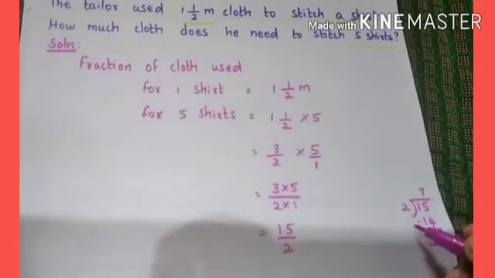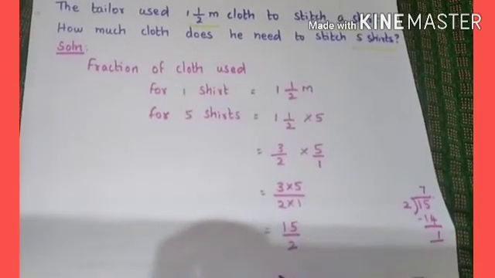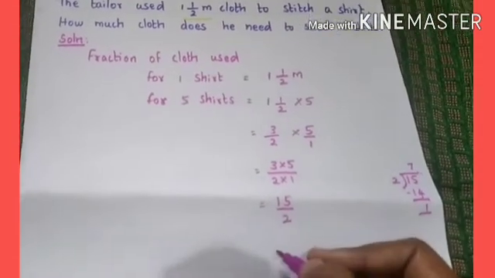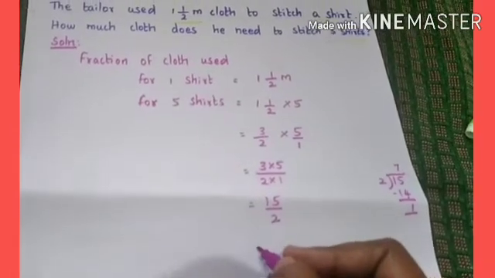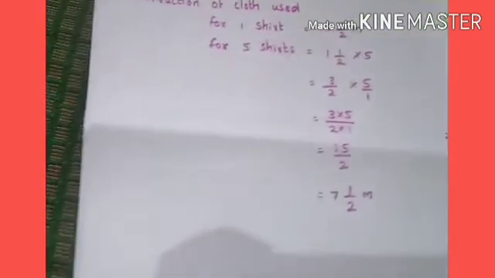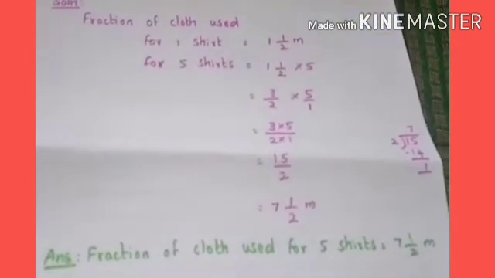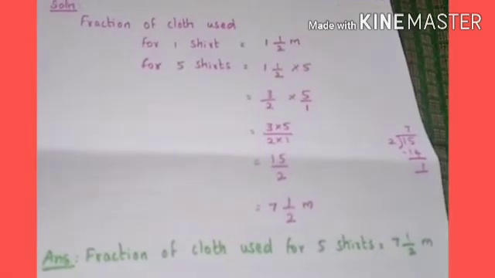Quotient is 7, remainder is 1, divisor is 2. That is 7 1 by 2 meter. Answer is fraction of cloth used for 5 shirts is equal to 7 1 by 2 meter.